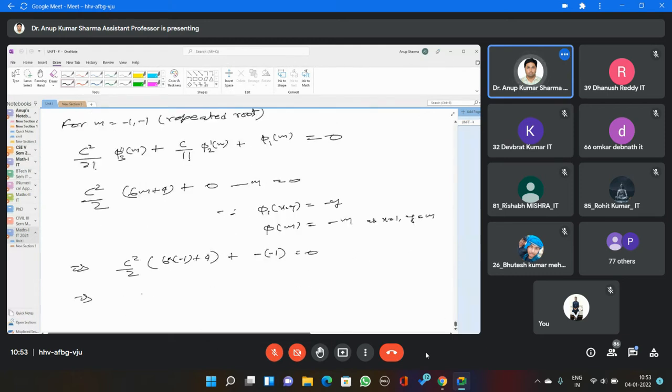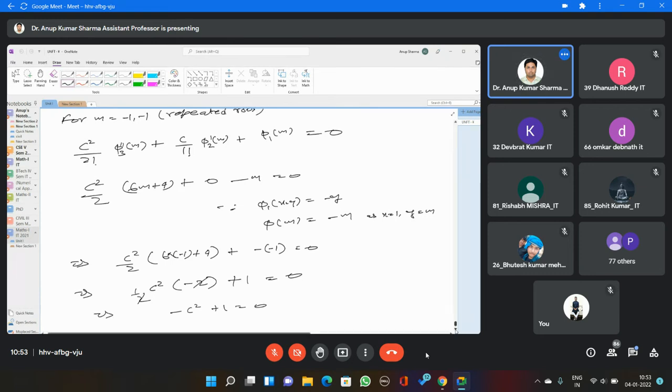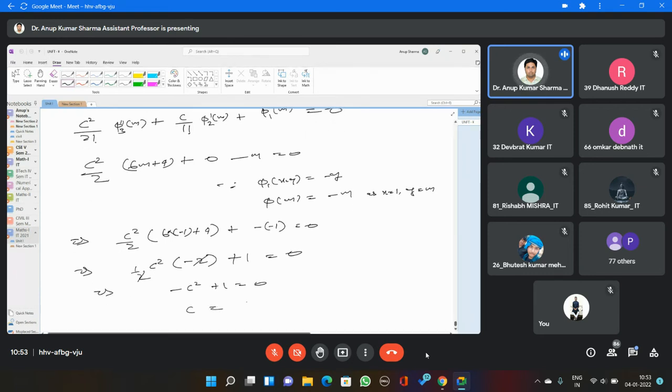This implies that c square. Now this is 6 minus 6 plus 4. So this is how much? Minus 2. This cancels out, and this is plus 1 is equal to 0, and minus c square plus 1 is equal to 0, so c is equal to plus minus 1.